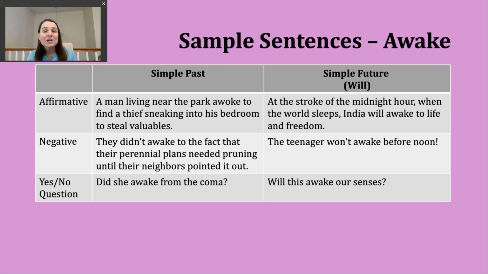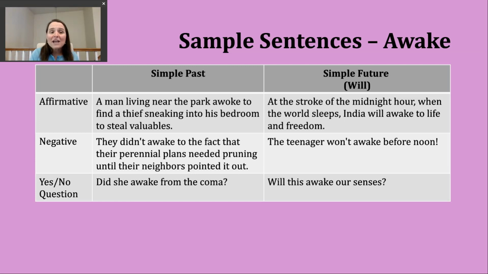Okay? Here's a use of awake, meaning to realize something. Okay, so I'm describing maybe a family, a group of people living at a particular house who didn't know that they needed to prune these particular plants. So we have didn't and then our base verb.